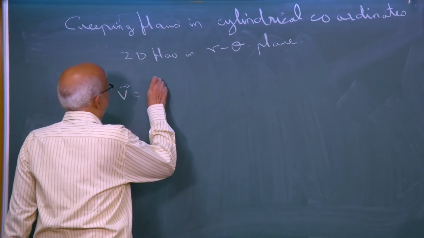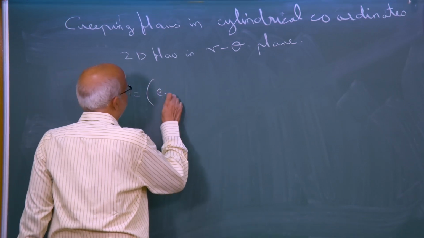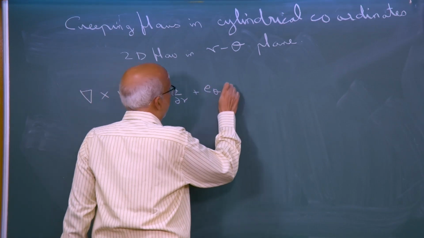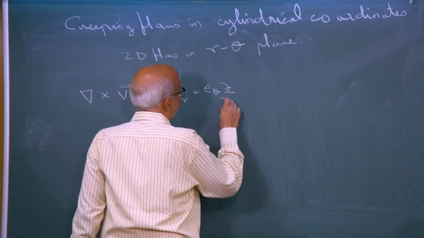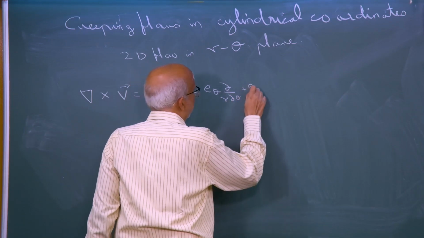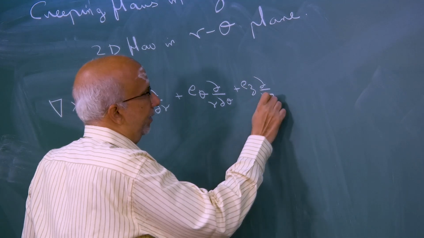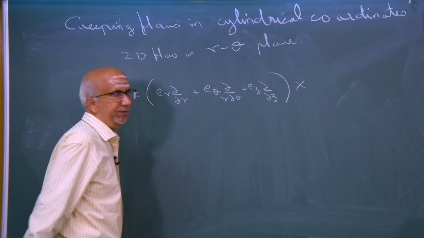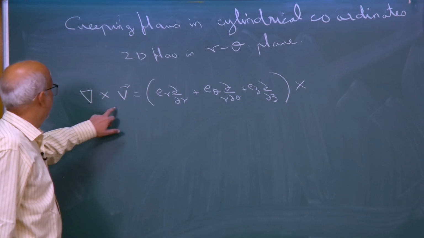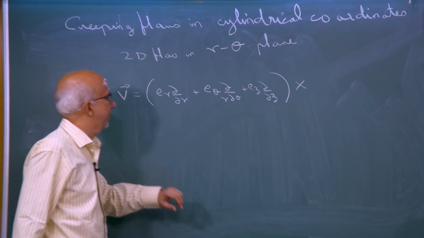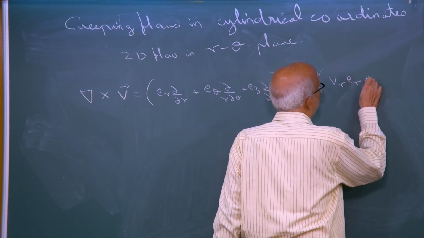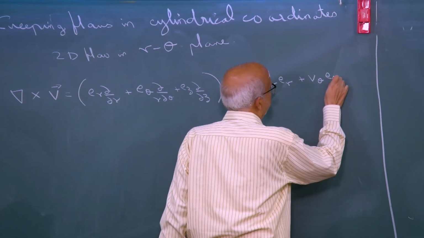Curl is my gradient operator, which is Er d by dr plus E theta 1 by r d by d theta plus Ez d by dz, cross product with what? V is Vr Er plus V theta E theta.